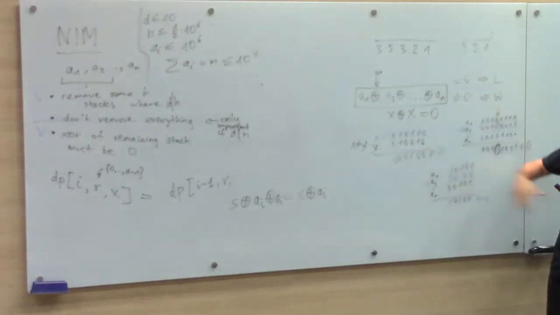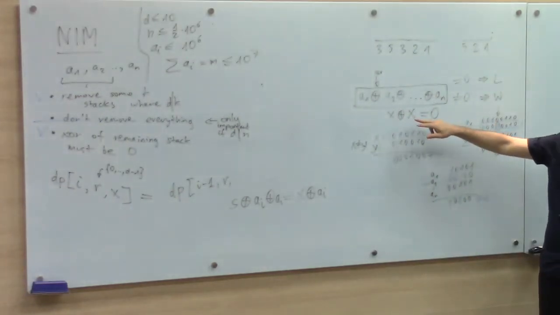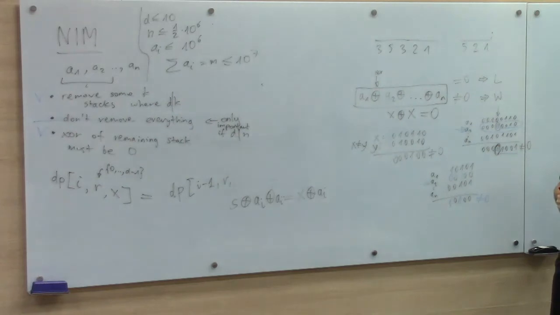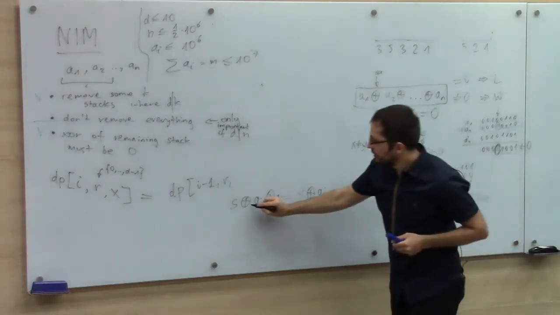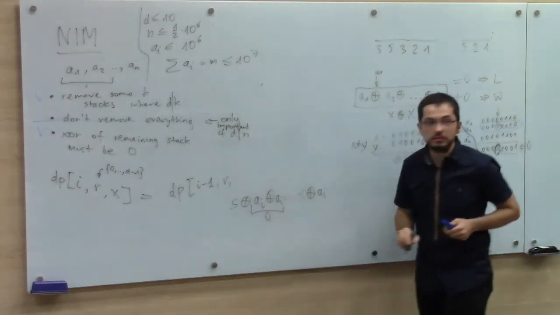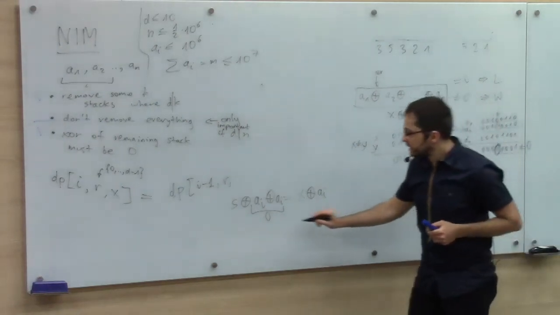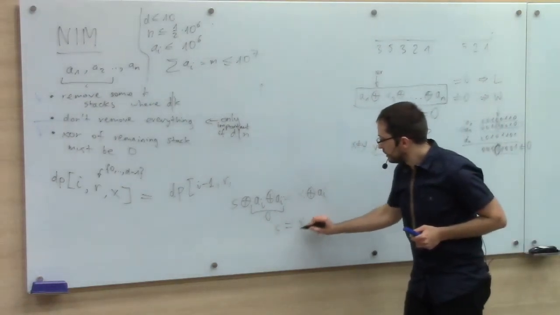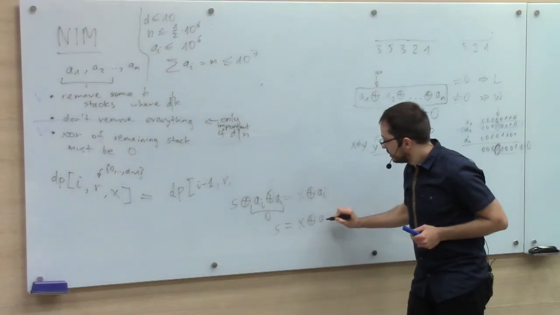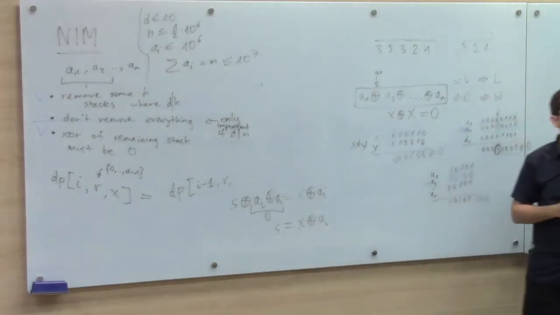Here we have 0, so actually S is equal to X XOR AI.